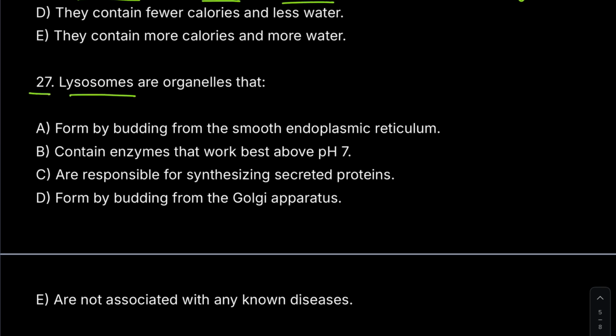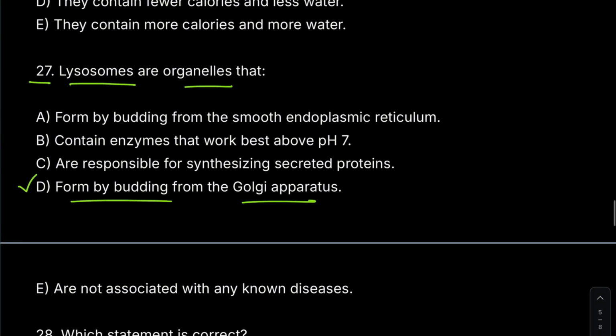So, question number 27. Lysosomes are organelles that, the correct answer is D, formed by budding from the Golgi apparatus. Lysosomes originate from the Golgi apparatus and contain acid hydrolases that function best in an acid environment.